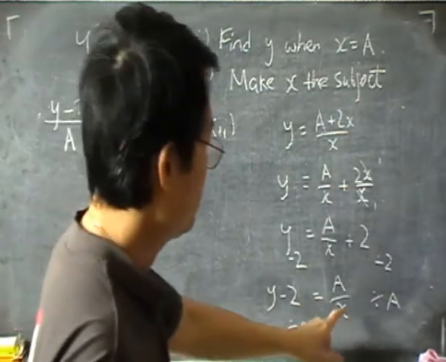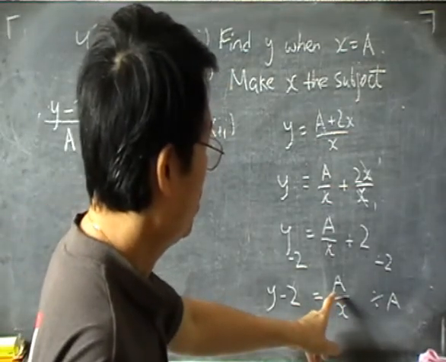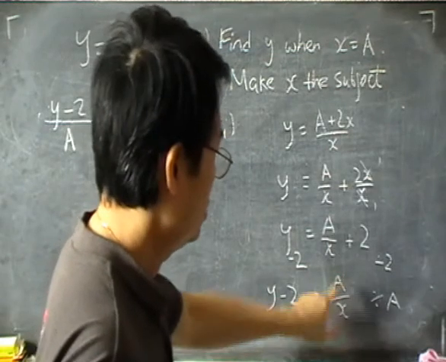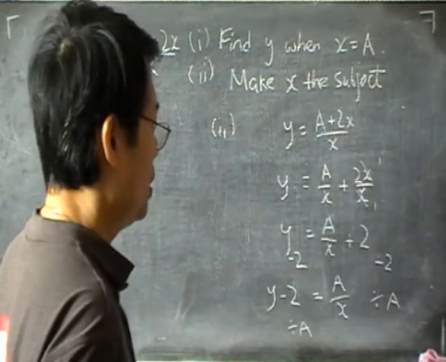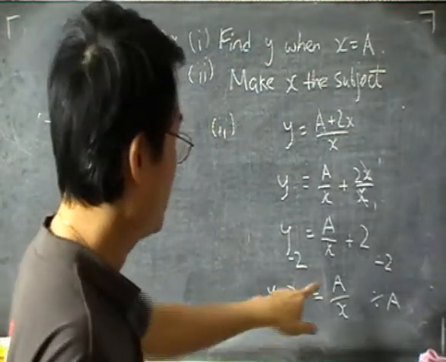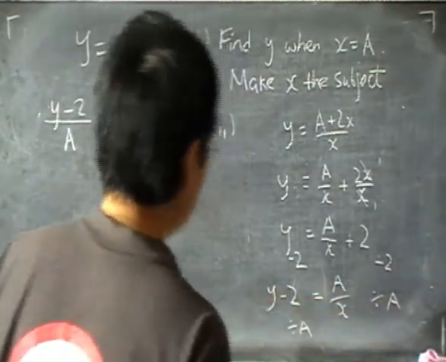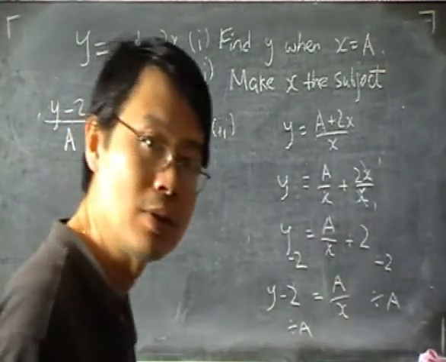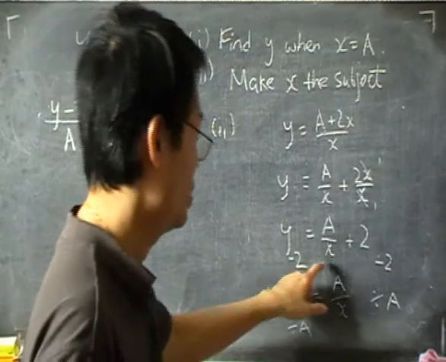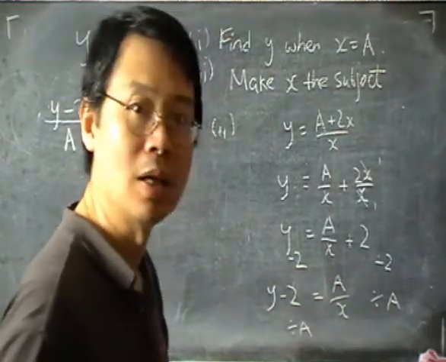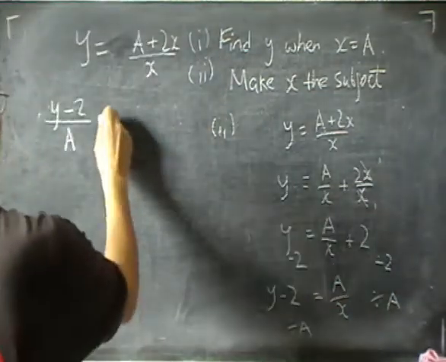And in this case, now it's tempting to say that a divided by a is 1, and then we just cancel it and we get x.